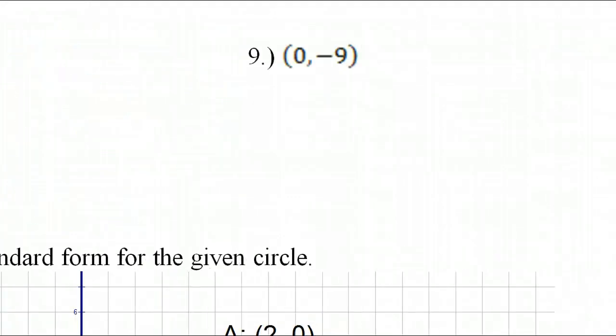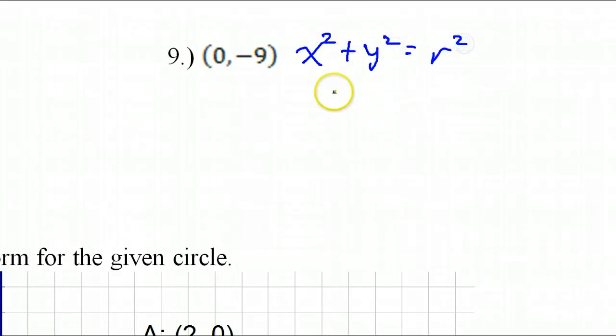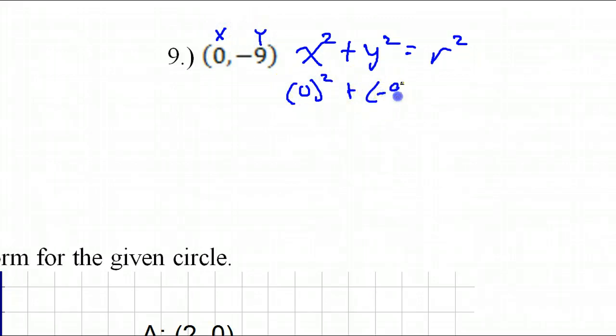How about number 9? Same thing, just using x squared plus y squared equals radius squared, but that's x and that's y. So I have 0 squared plus negative 9 squared is equal to radius squared. This 0 squared is just 0. Negative 9 squared is 81, positive 81, by the way.